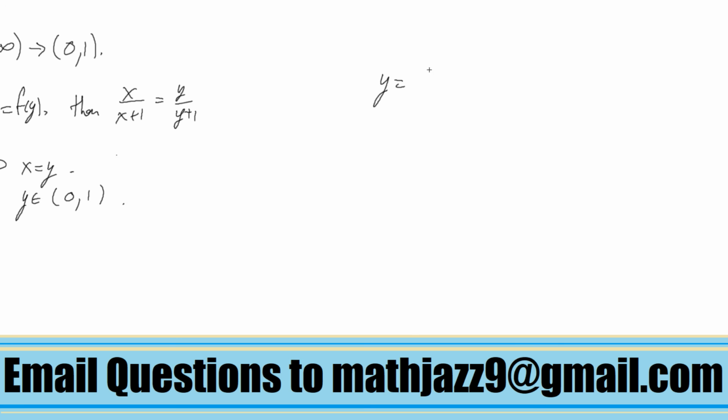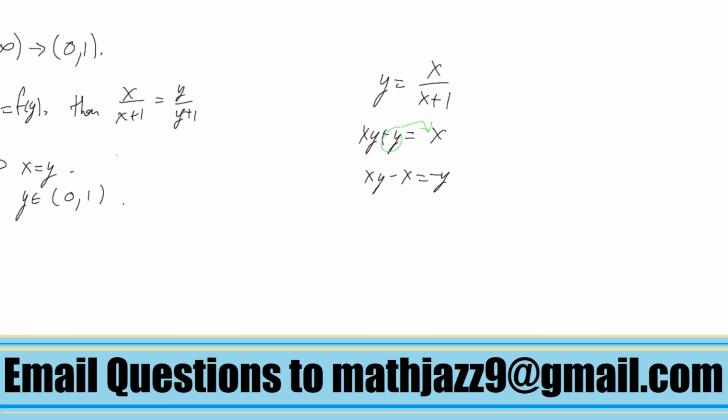Say y equals x over x plus 1. How do we figure out what x to plug in to get y? We're going to have to invert this function. So we're going to solve for x. We get xy plus y equals x. That gives us xy minus x equals negative y. This y goes to the other side.